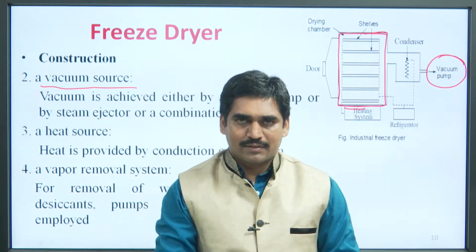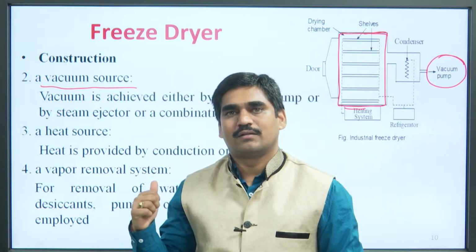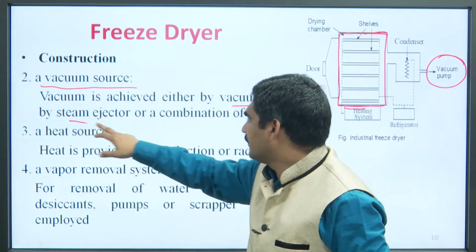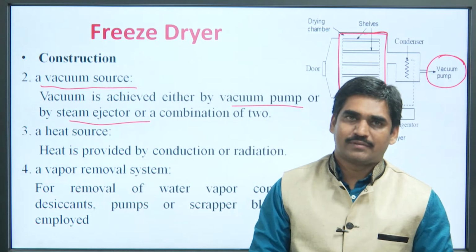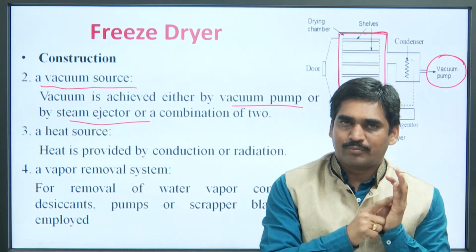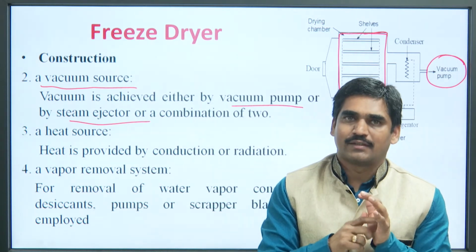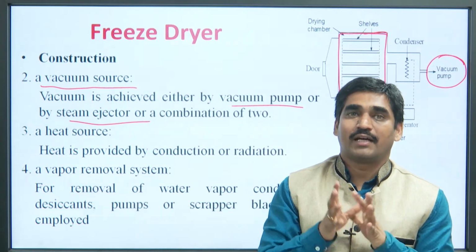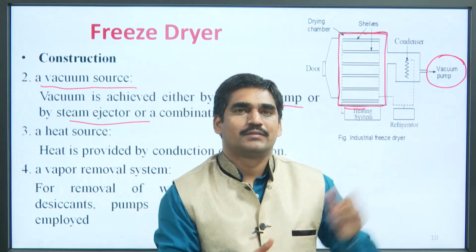Vacuum is achieved by using a vacuum pump or a steam ejector, or a combination of these two instruments can be used as a vacuum source. Any one or a combination of these two apparatus can be used for creating vacuum in the drying chamber.